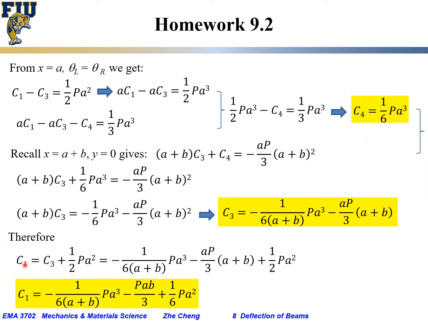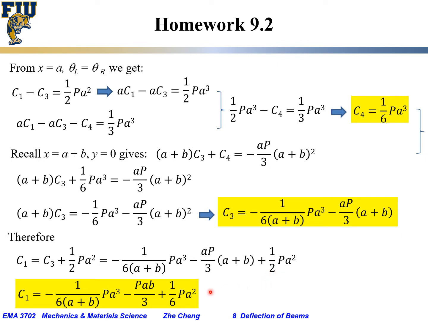So finally, C1 would be C3 plus half of P a square, and C3 would be this whole thing, minus 1 over 6 P a cubed minus a P over 3 (a plus b), plus half of P a square.